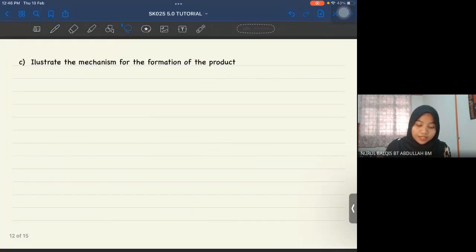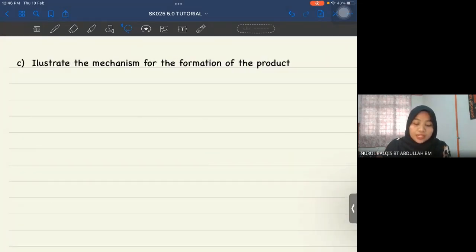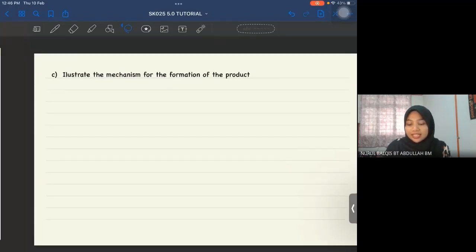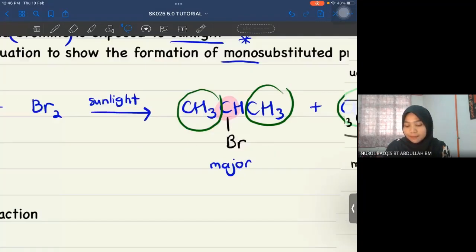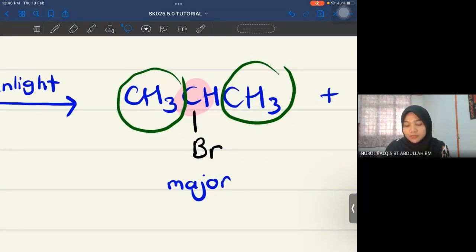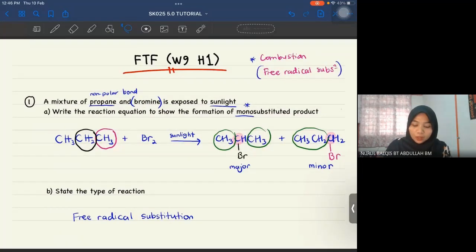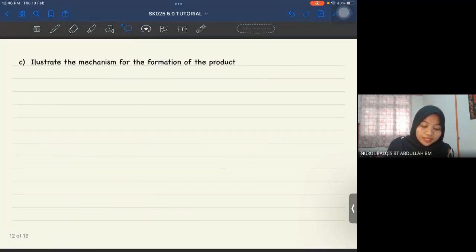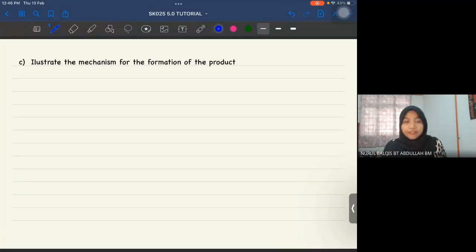Okay, next one. The question asks you to illustrate the mechanism for the formation of the product. The product we will focus on is this major product. You want to substitute Br into this carbon in the middle, carbon number 2. How are you going to start doing this mechanism involving free radical substitution?